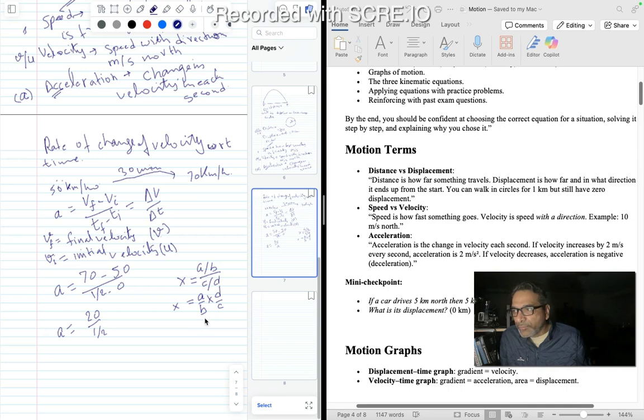Now, if there is no mark or no division, we can assume that this is divided by 1. Now, I'm saying a equals 20 over one half.